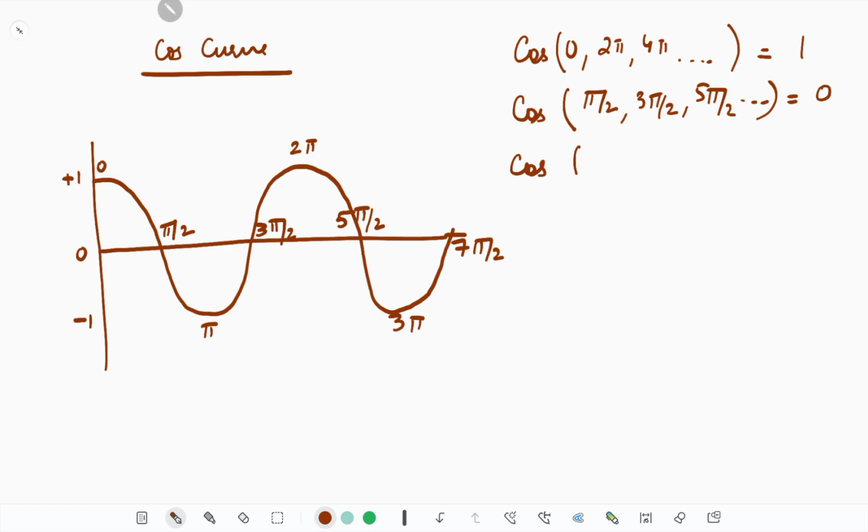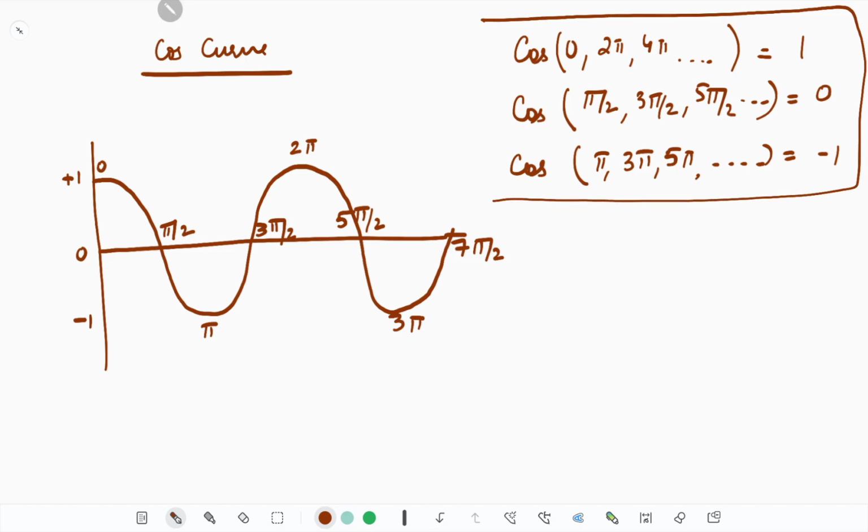And if you want the value of cos pi, 3 pi, 5 pi and so on, the value will be equals to minus 1. So these are the direct relations that will be helpful in your further quantum mechanics.